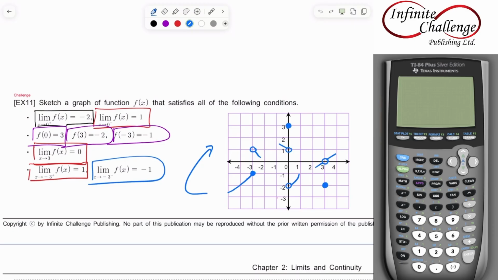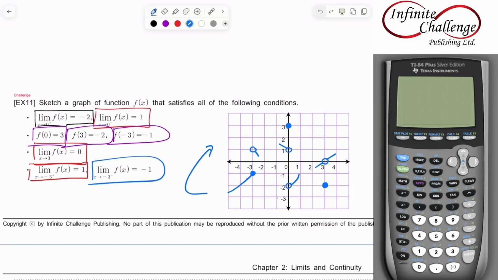And it could look something like, I don't know, this. And then last but not least, we can also connect the limit as x approaches 0 from the right-hand side and the limit as x approaches 3 from the left-hand side to look something like this. And last but not least, just point that outwards. And so this is one rendition of a graph that satisfies all the following conditions.